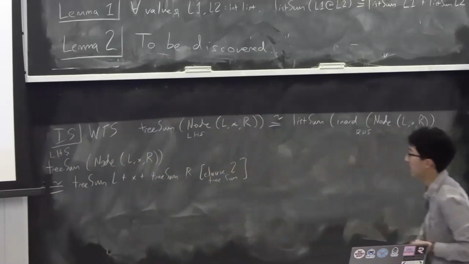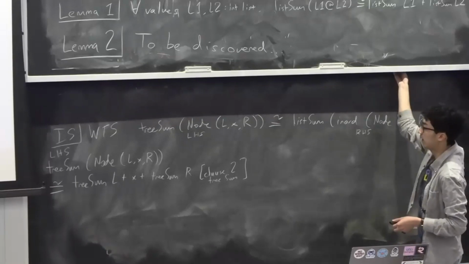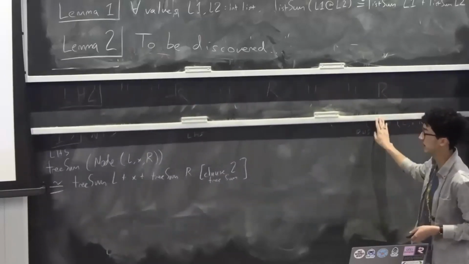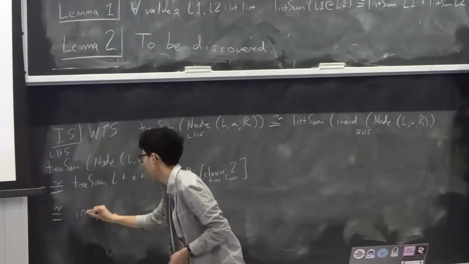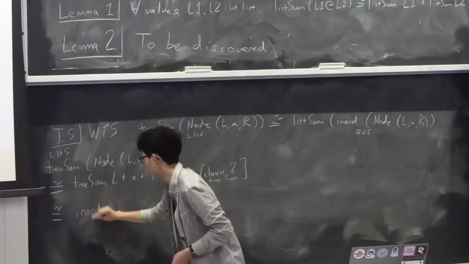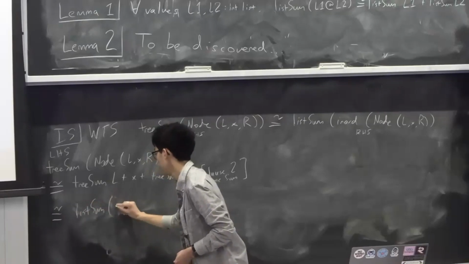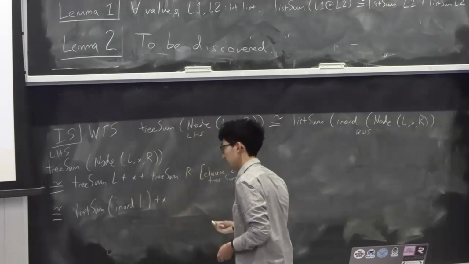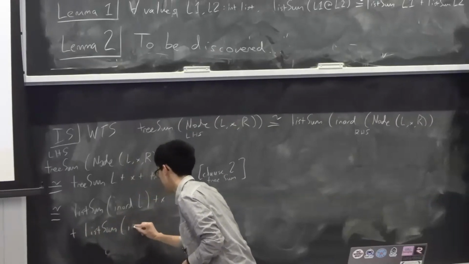But now what do I want to do? I want to be able to say something about tree sum of L and tree sum of R. We do have two induction hypotheses that could help us with that, because we know something about tree sum of L and tree sum of R. So let's actually do that. Let's call IH: list sum of inord L plus X plus list sum of inord of R. I'm going to break it apart here, and you'll see why in a second.